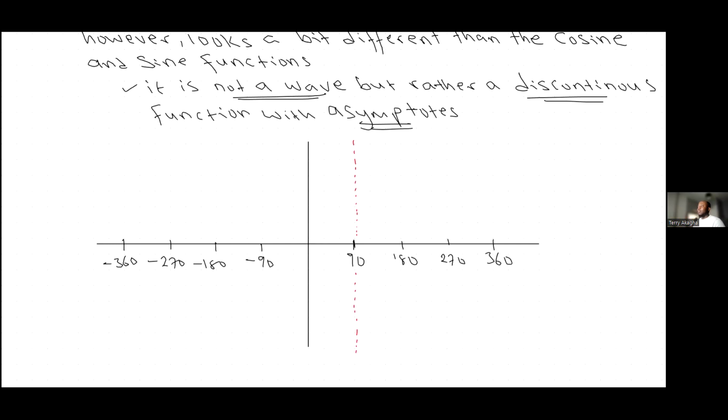If you add 180 to 90, that gives you the next one. So there'll be asymptotes at these points. The same thing, there's going to be an asymptote as well at minus 90. Okay. There's going to be asymptotes as well at minus 270.